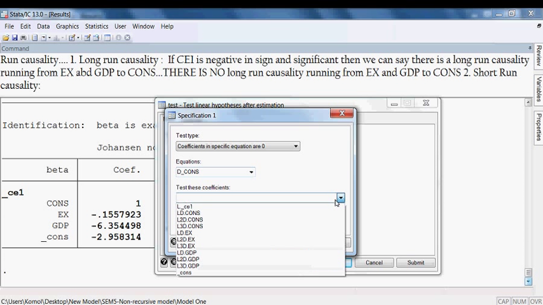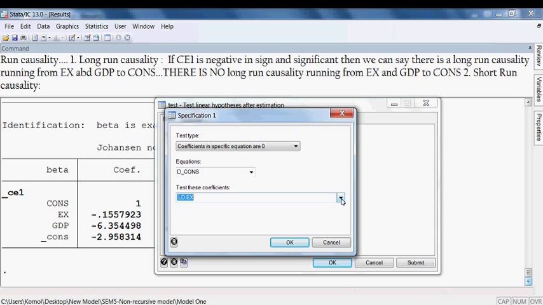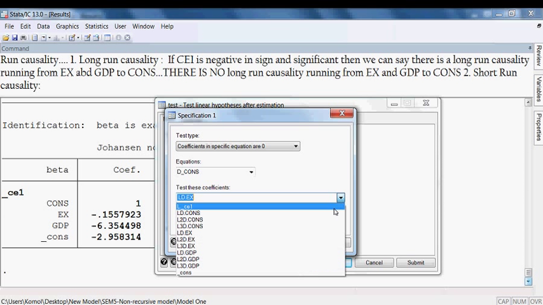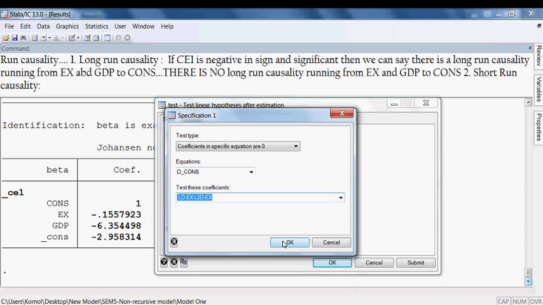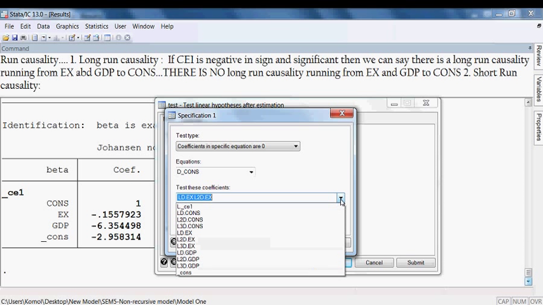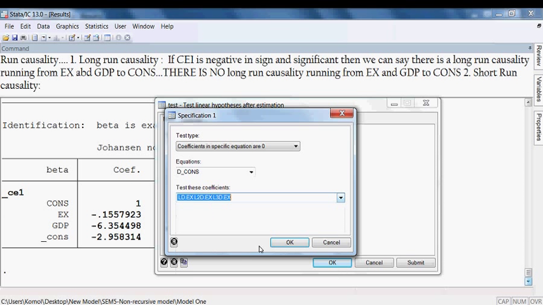So actually, first we are testing export, right? So I take 3 lags of export. It is lag 1 of export, lag 2 of export, lag 3 of export. You can see we have taken here lag 1, lag 2 and lag 3 export, right?